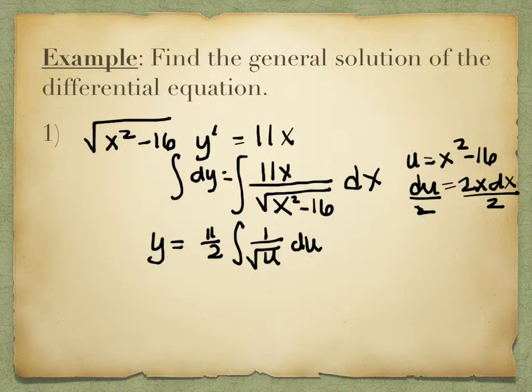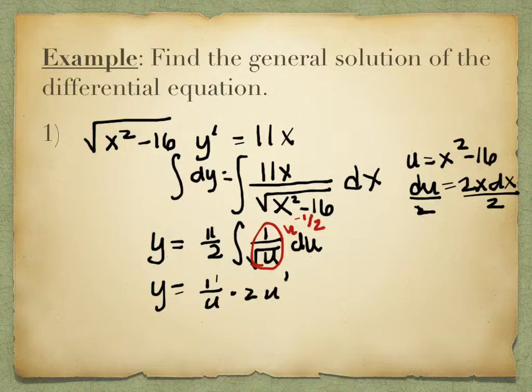Of course, this is u to the negative 1/2. So we increase the power and divide by the new power. We end up getting y equals 11 halves times 2u to the 1/2 plus c.